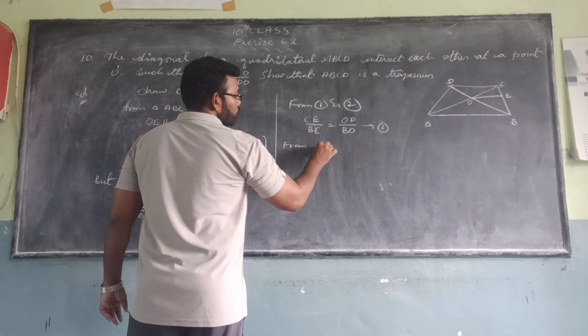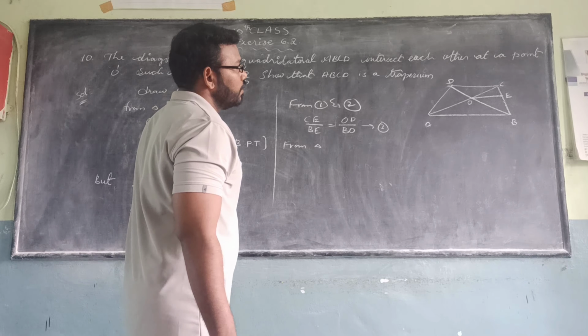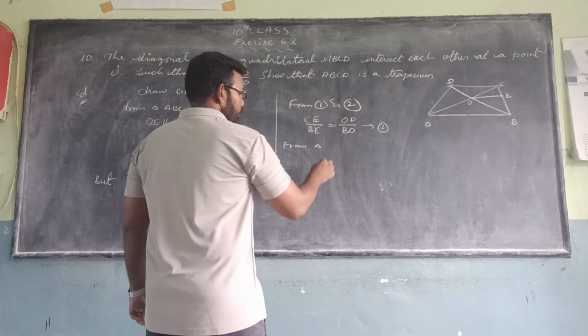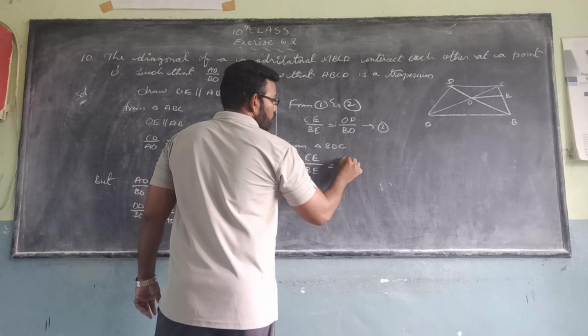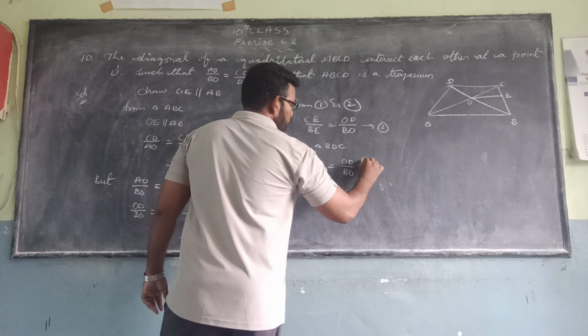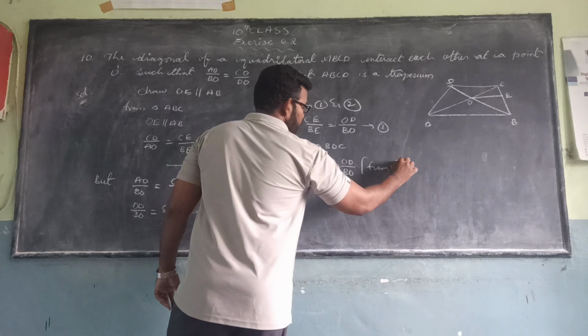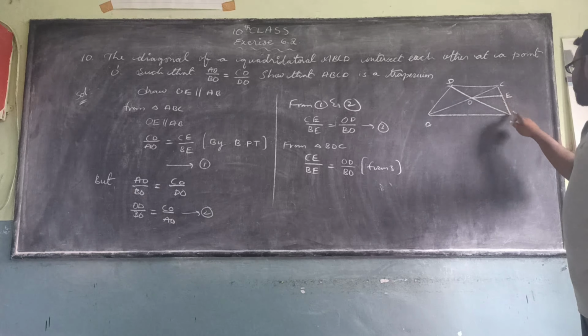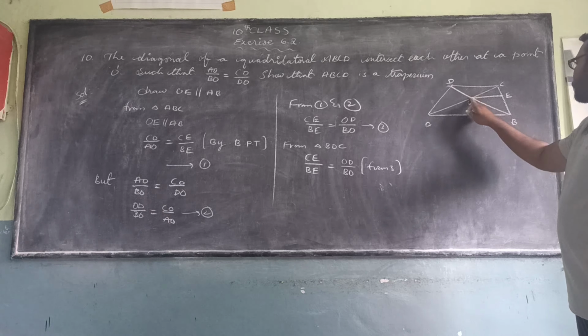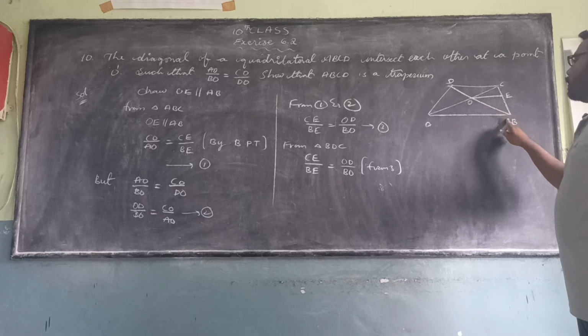Now I am taking the triangle BDC. From triangle BDC, clearly we find that CE by BE is equal to OD by BO from 3. So here the ratio of the other two sides are equal, and also the line passes through two distinct points of the other two sides, then it must be parallel to the third side.